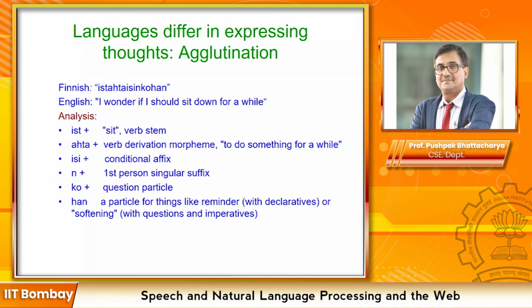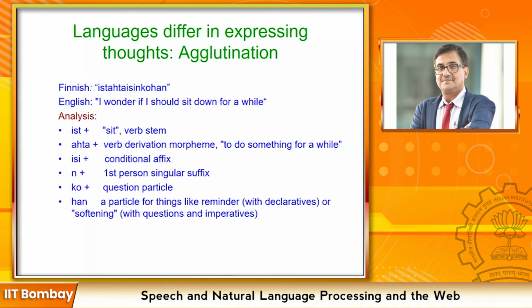ISI is the conditional affix. So that indicates if. N indicates first person singular suffix. Co is question particle. HAN is a particle for things like reminder with declarative or softening with questions and imperatives. So you see the whole string means I wonder if I should sit down for a while.